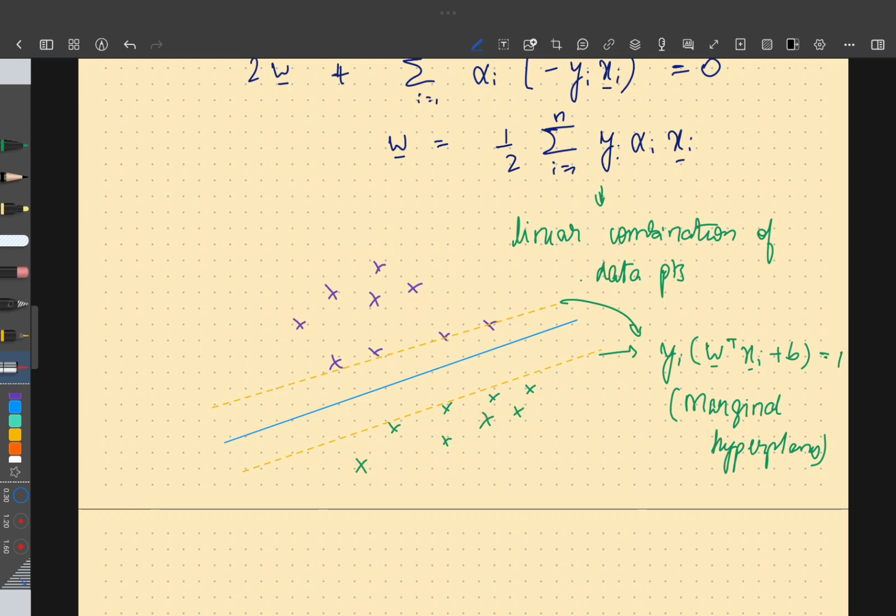The solution to the SVM cannot be dependent on any of the other points. So these vectors that lie along those data points that lie on the marginal hyperplane, these are the support vectors.